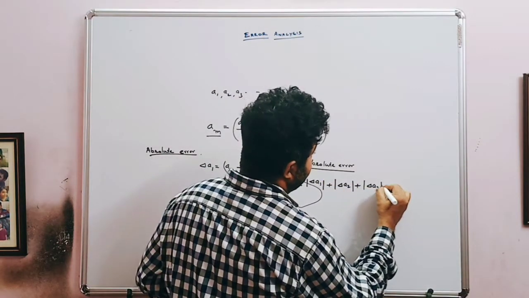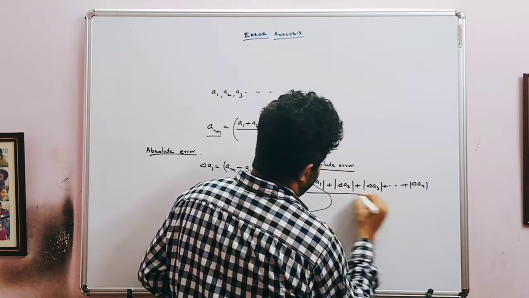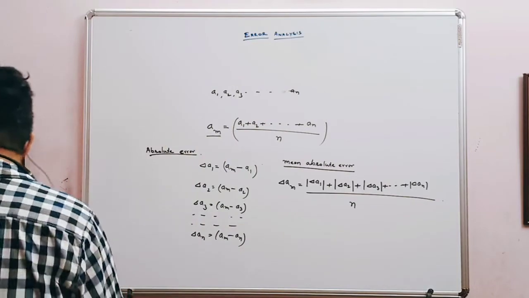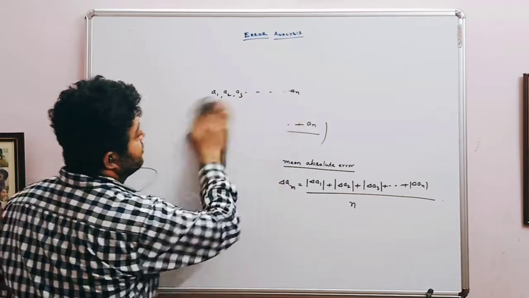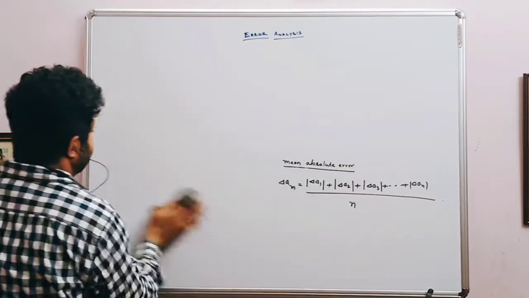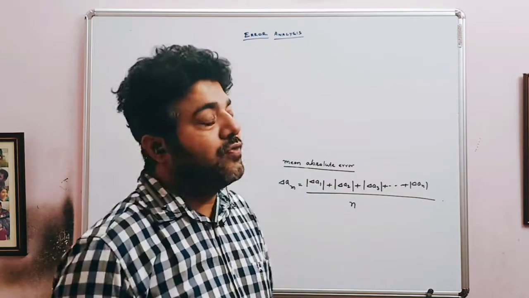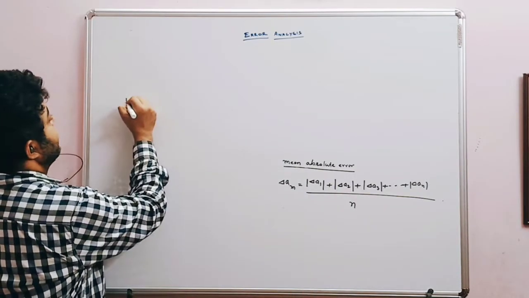Del a3 dot dot dot del an by n. So that means now you have the mean absolute error. So when you have the mean absolute error, then is the fractional error.